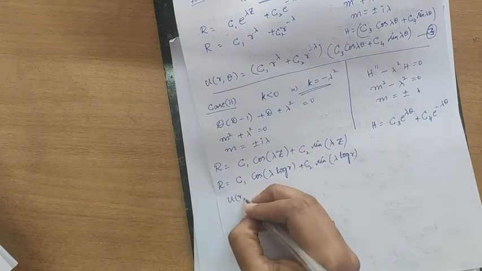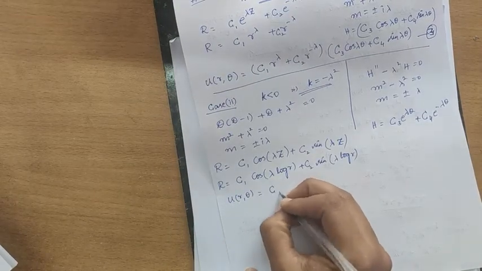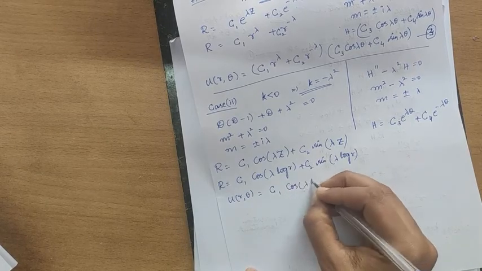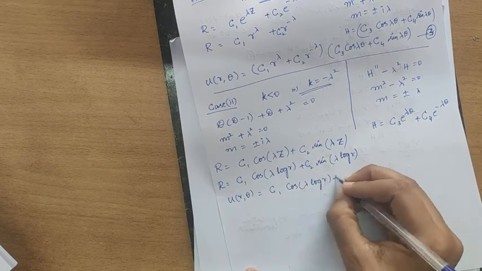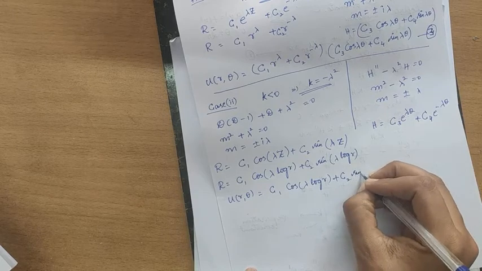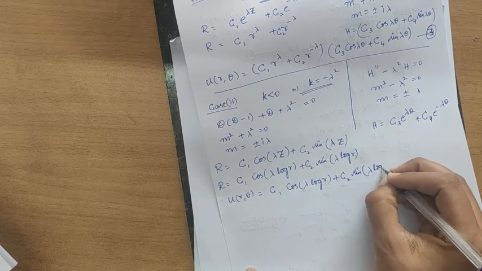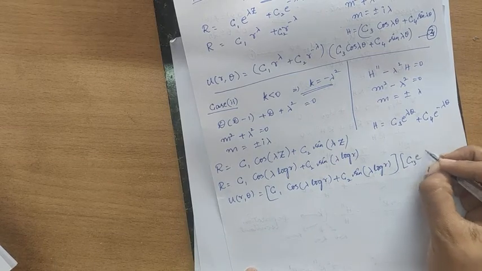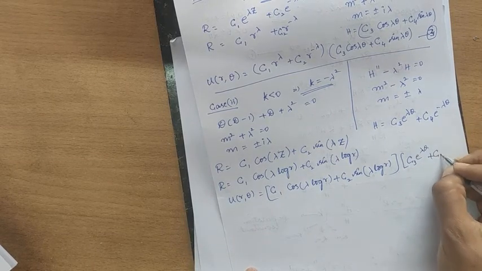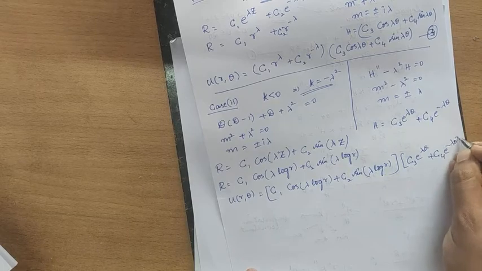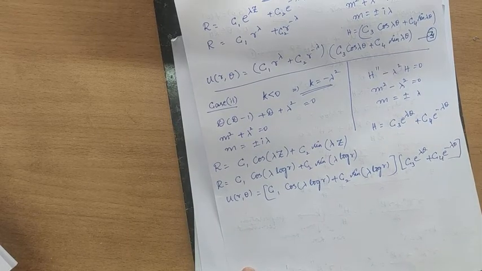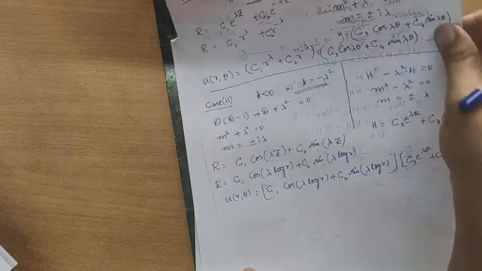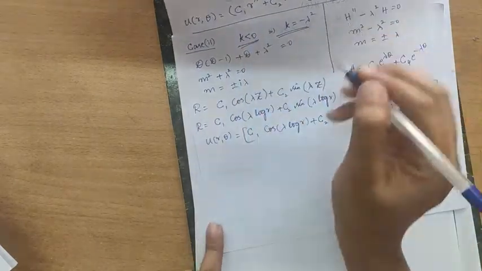The complete solution becomes C1 cos of lambda log r plus C2 sin of lambda log r, into C3 e power lambda theta plus C4 e power minus lambda theta. This is your complete solution in the case of k less than 0.